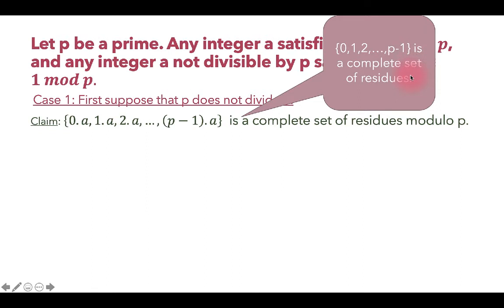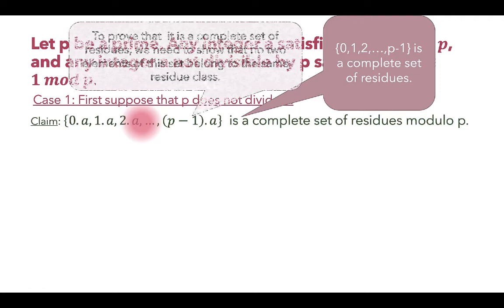In fact, this is the set of least residues modulo P. We have formed the new set by multiplying each element of this set by A. And we claim that the new set formed is also a complete set of residues modulo P.